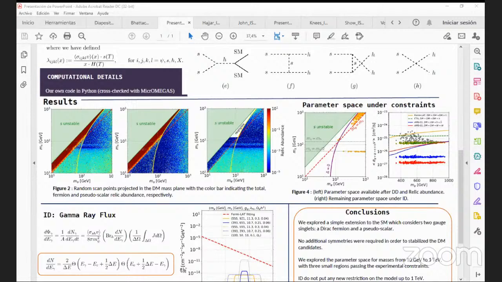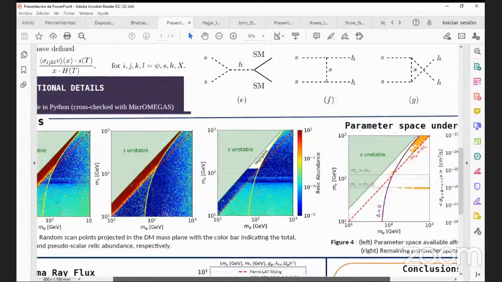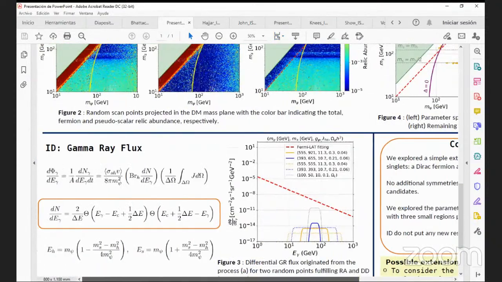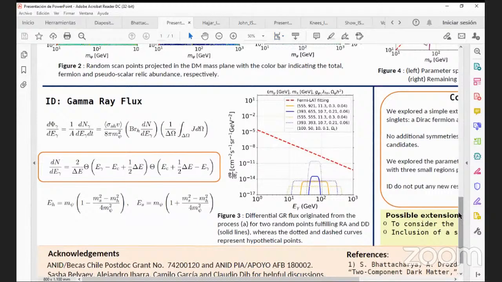So in order to complement that result, in the last part, at the bottom left, we contrast what we found in the differential flux for some of the points that pass all the constraints, relic abundance and direct detection, which are the continuous solid lines, the green and blue.